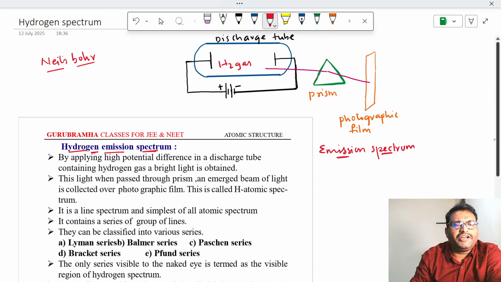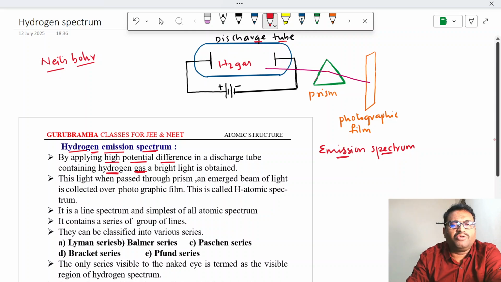So, what did Niels Bohr do? He took hydrogen gas in the discharge tube. See, this is the discharge tube, an apparatus. In this discharge tube, he took hydrogen gas and applied a very high potential.